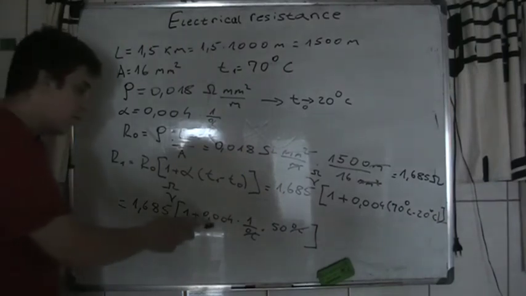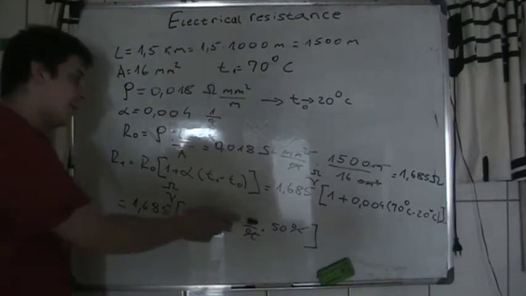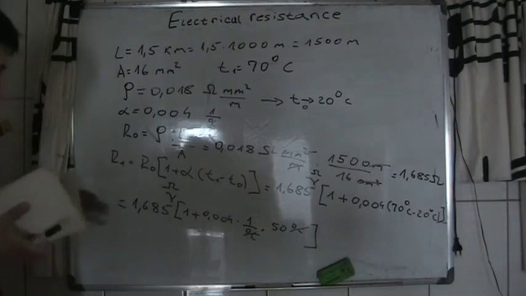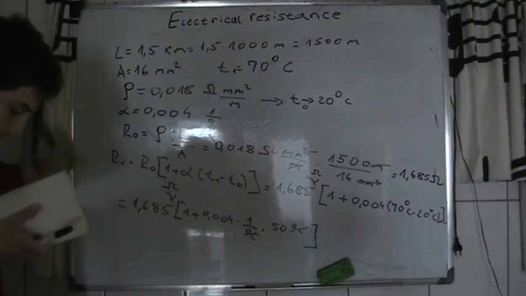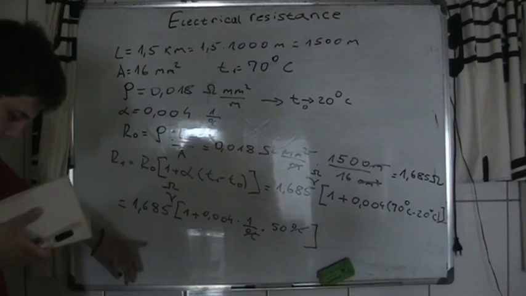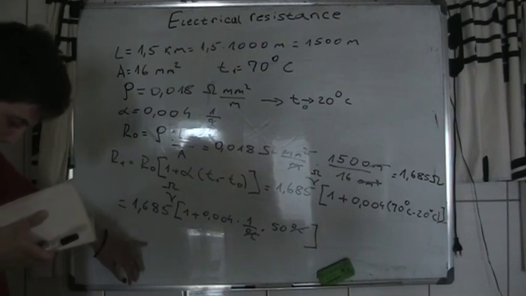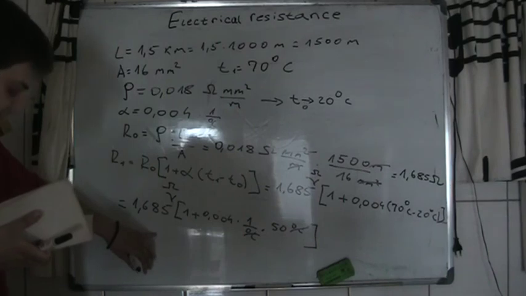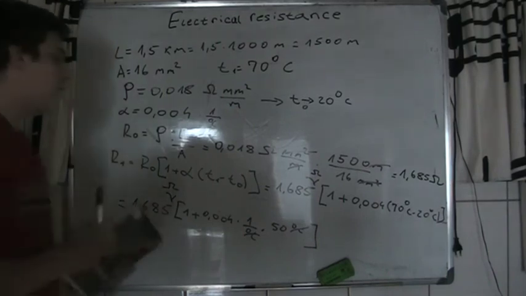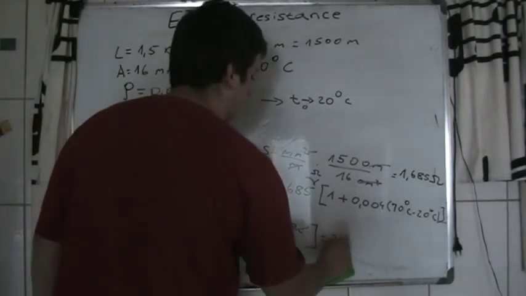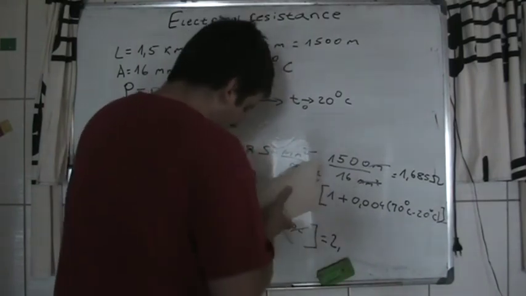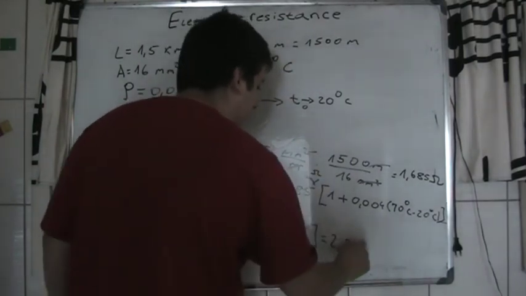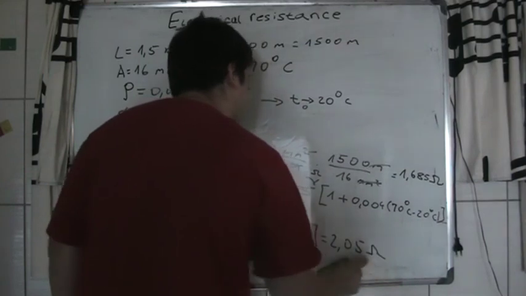You have 0.004 times 50 plus 1, times this 1.685, and you get 2.05 ohms.